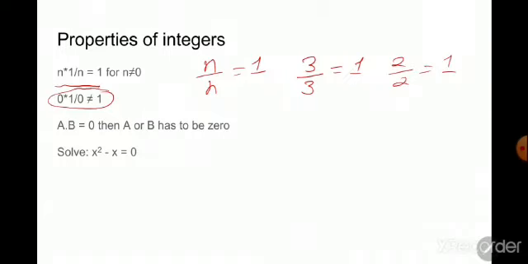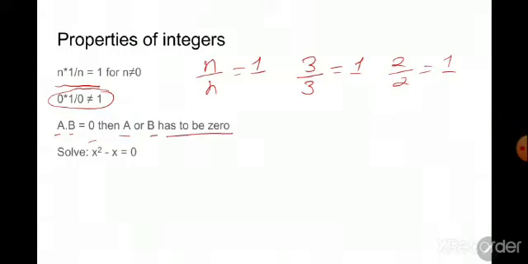Anything divided by 0 is undefined, therefore that whole operation is mathematically invalid. Another thing to keep in mind is that if there are two numbers a and b whose product is 0, then either a or b has to be 0.